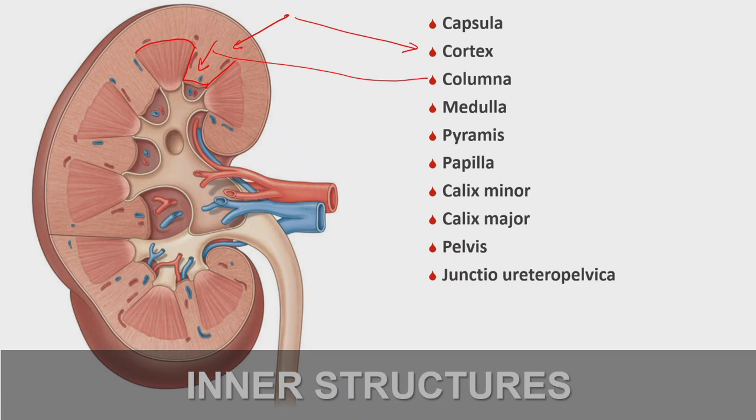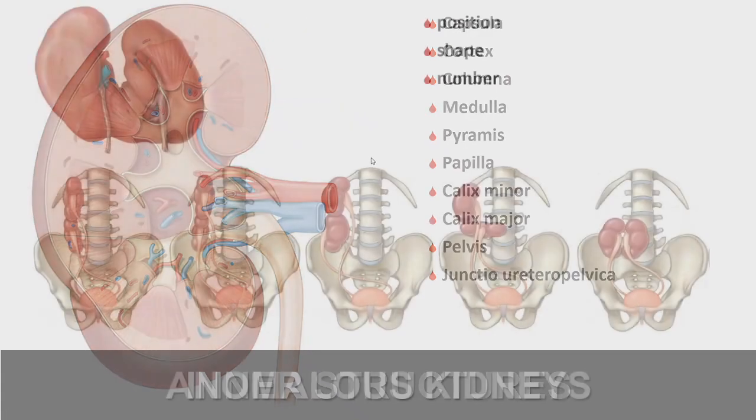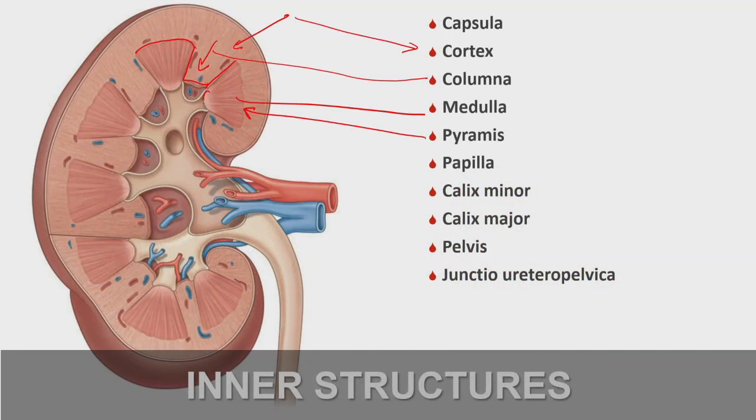Column has the same structure like the cortex, also mainly made from glomeruli. On the opposite side, medulla. Medulla is forming a structure which is very similar to a pyramid, or is a conic structure which ends with this part which is called papilla.